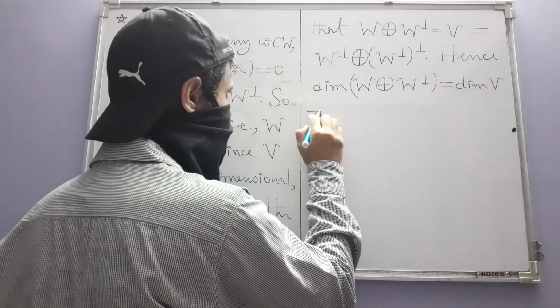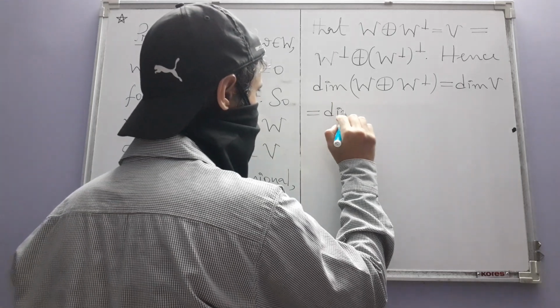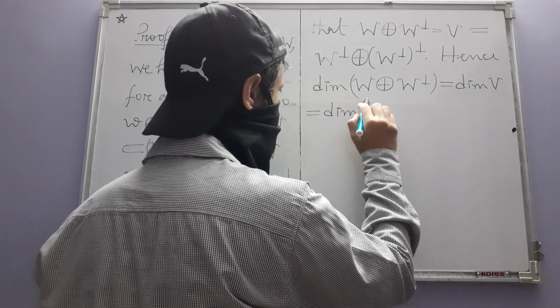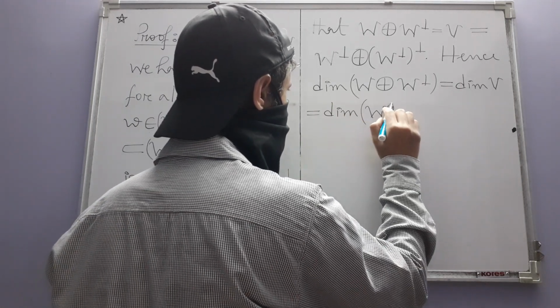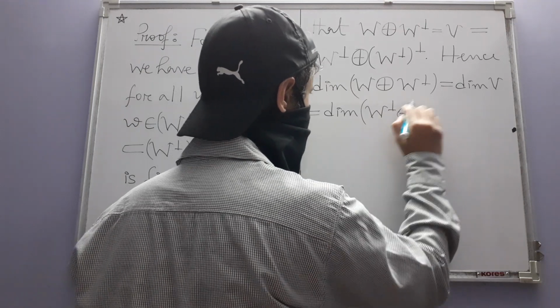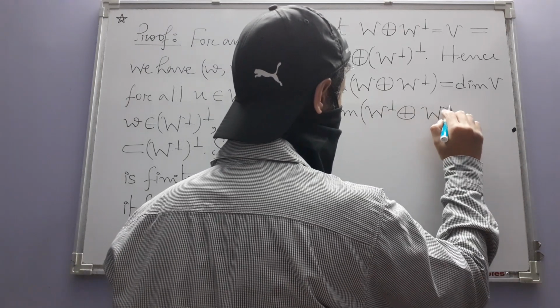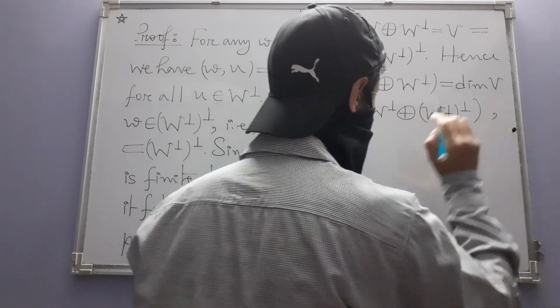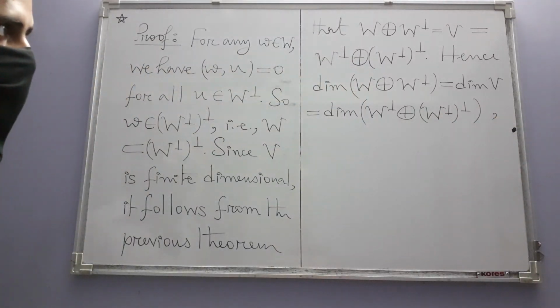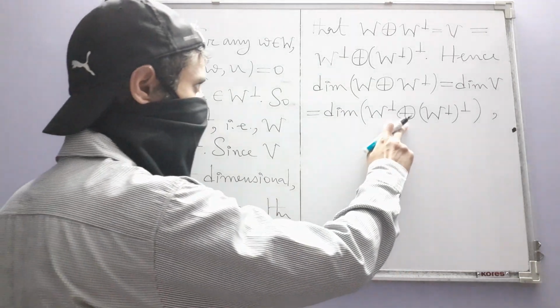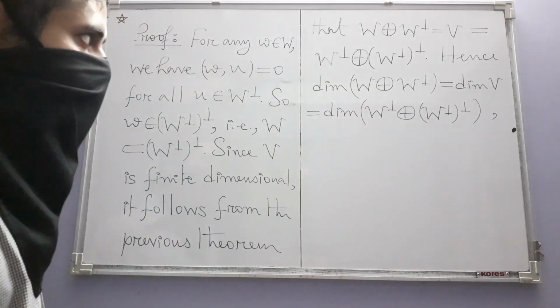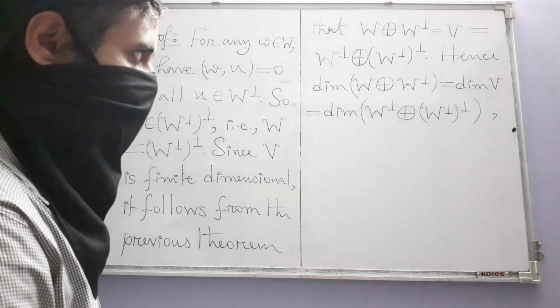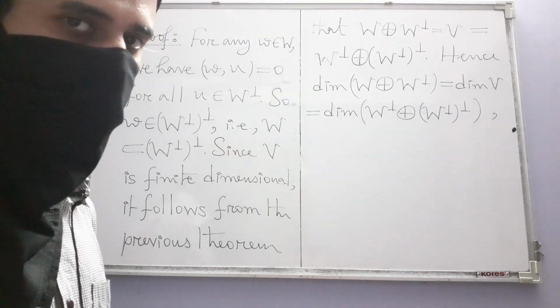This is equal to the dimension of V, and this is equal to the dimension of this sum. Now note that we have direct sums, so the dimensions will just be the sum of the individual dimensions.